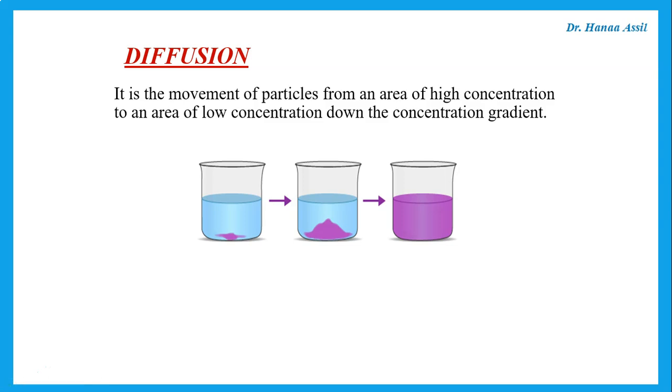Diffusion is the movement of particles from an area of high concentration to an area of low concentration, down the concentration gradient. So if we have particles or crystals of potassium permanganate, which is purple, and we put it at the bottom of the beaker, these particles will gain kinetic energy, move faster, overcome the attraction forces between them and move further apart.